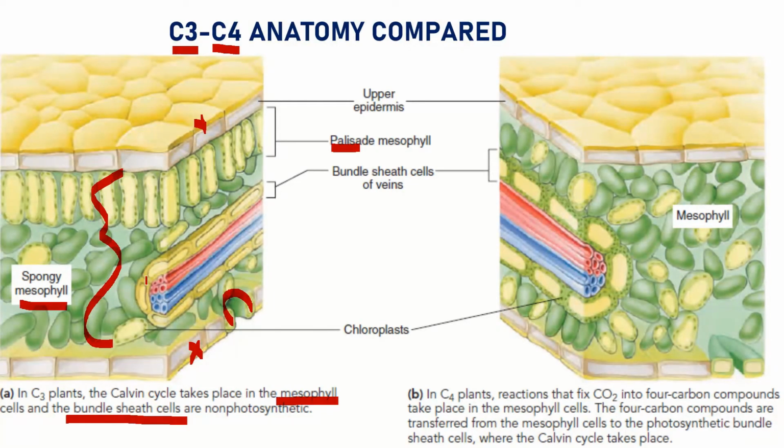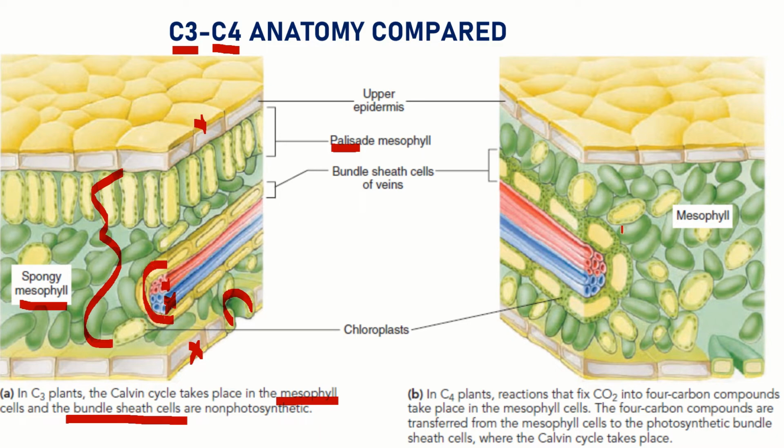Do you know what is vascular bundle? The tissue which is consisting of xylem and phloem and which is carrying water, food materials, etc. So here we have the xylem and phloem, and the sheath of cells covering the vascular bundle is called bundle sheath cells.